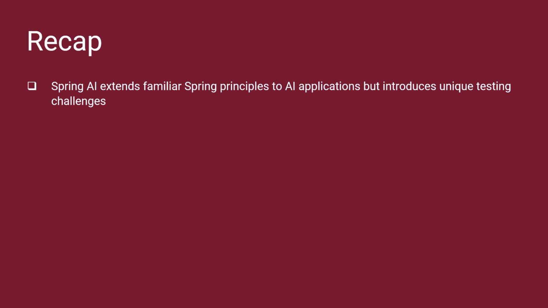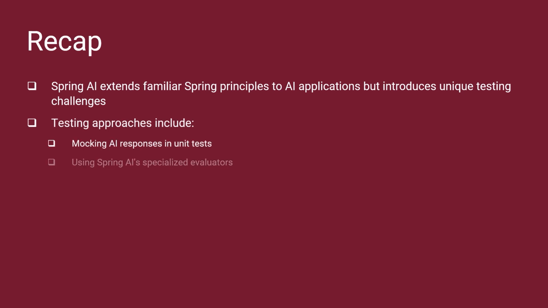In this video, you learned that Spring AI extends familiar Spring principles to AI applications, but introduces unique testing challenges such as response variability, hallucination, and context window limitations. Testing approaches include mocking AI responses in unit tests, using Spring AI's specialized evaluators, such as Relevance Evaluator and Fact-Checking Evaluator, and performing integration testing with test containers.